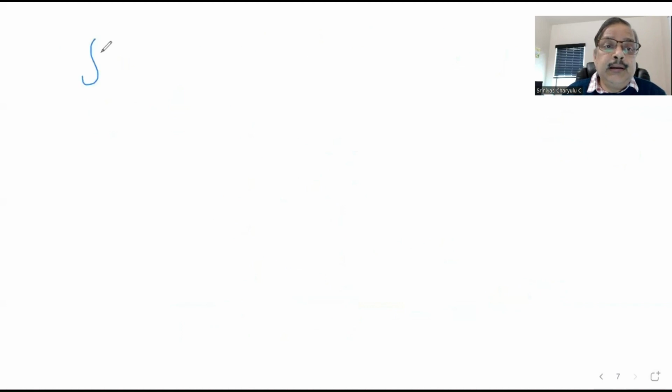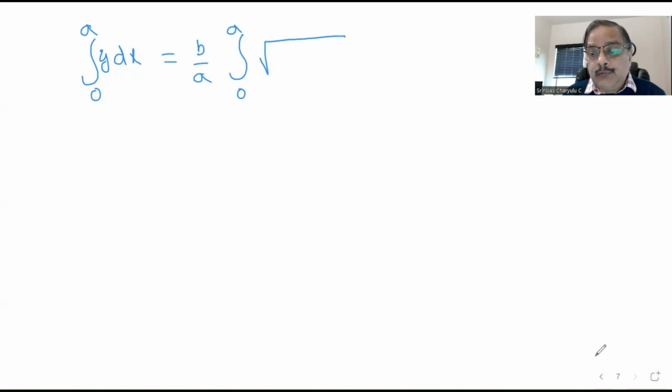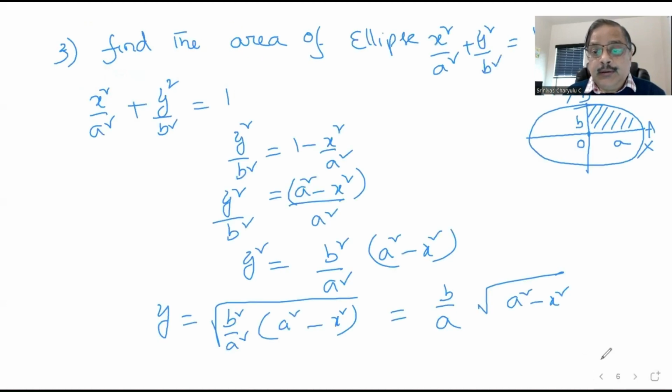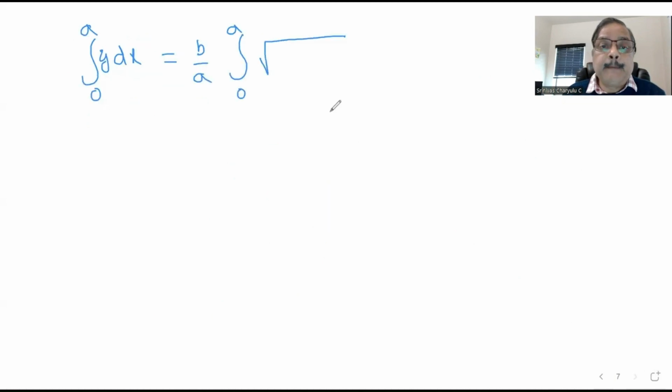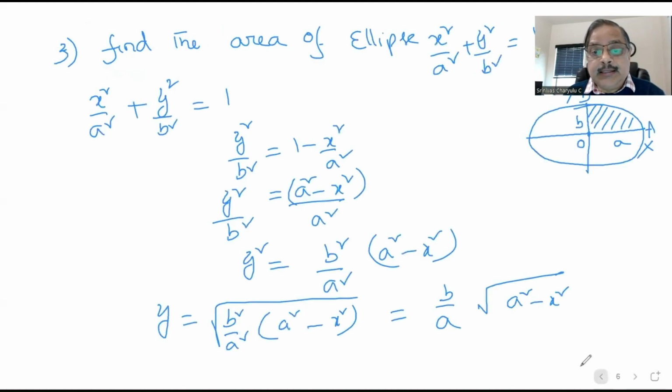So integral y dx between 0 to a is equal to b by a integral 0 to a root of a square minus x square. Observe clearly, a square minus x square.